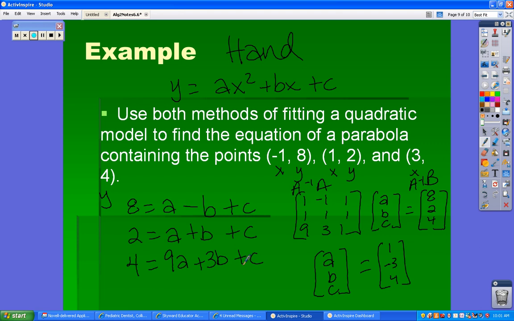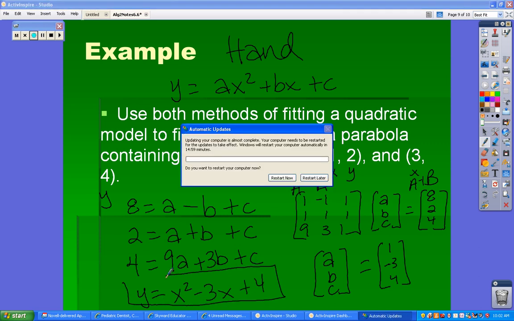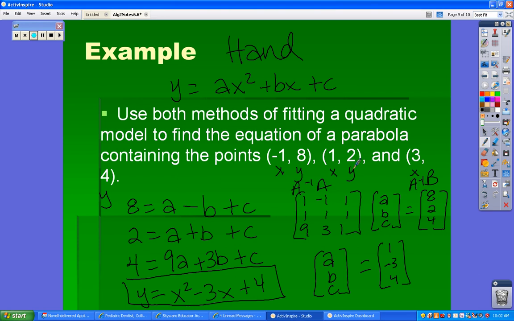Okay, so the model that will represent these points, if I plotted these points and I graph this curve, y equals a is 1, so that's just x squared. B is -3, -3x plus 4. If I graph this guy, I will get the parabola that passes through these points. Okay, the other way you can do it is by that L1, enter those for x, x, x under L1.